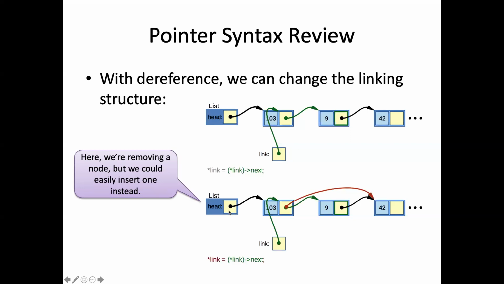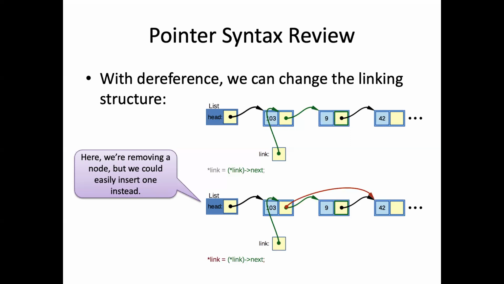Whereas if I'm removing any other node on the list, I have to change the next pointer out of its predecessor. But if you use code like this, you don't have to treat the first node as a special case. Whatever node you have to remove, you just have to change the node pointer that points to it.